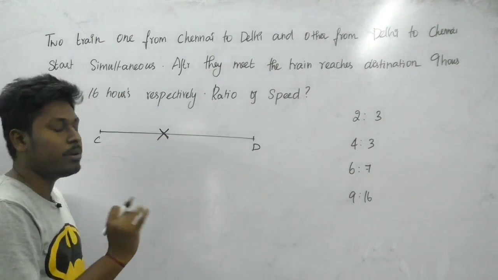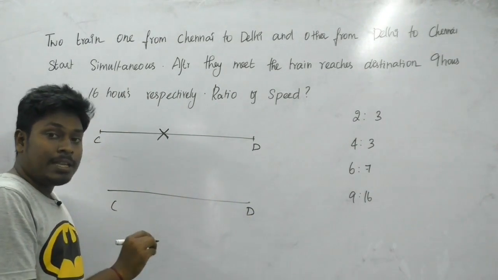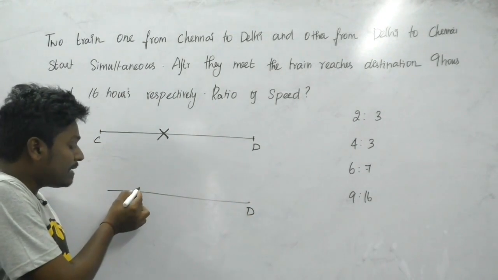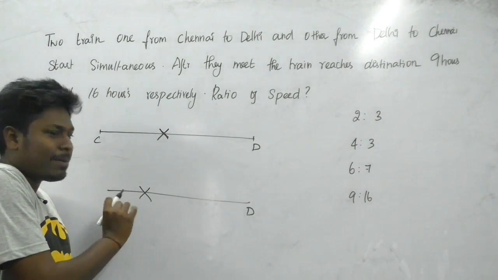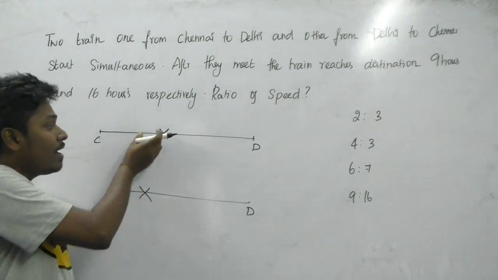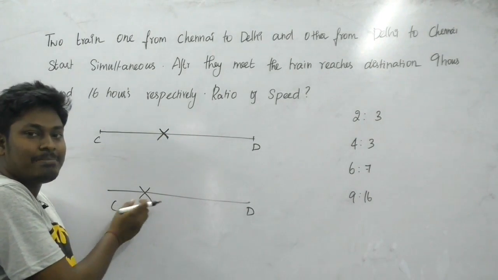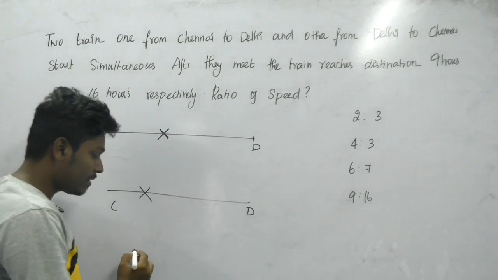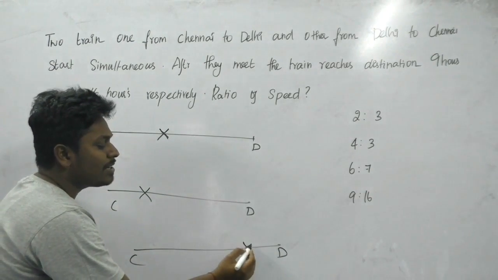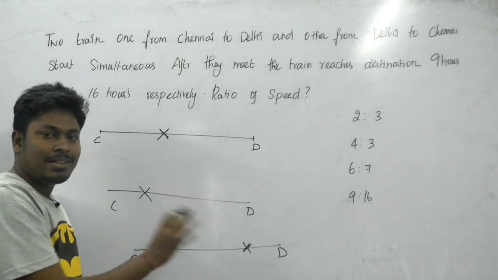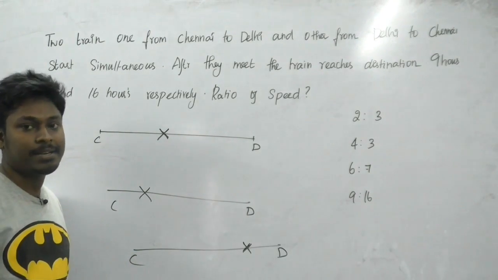Condition number 2: both trains can meet approximately near the Chennai station. The third condition: the 2 trains can meet approximately near the Delhi station. These are the only 3 conditions where they can meet, right?